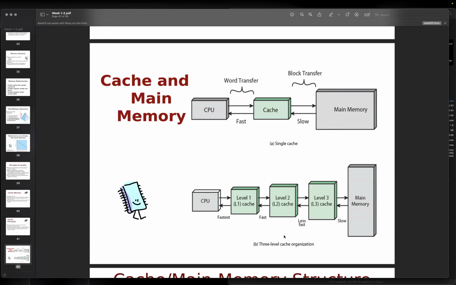And then we talked about 2 levels, and right here 3 levels. So if you see the L1, L2, L3 cache, it will look like this: main memory, then the level 3 cache, and then the level 2 cache.